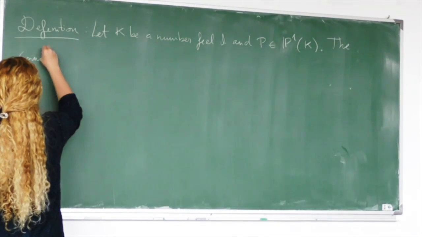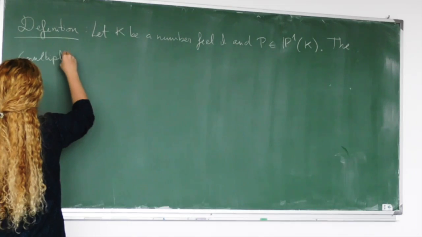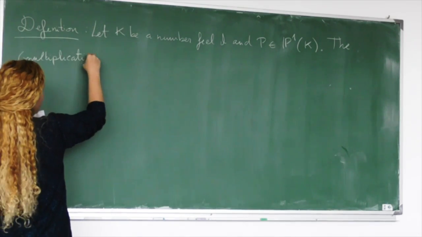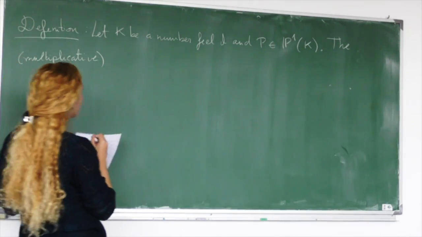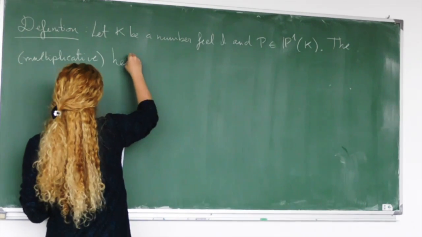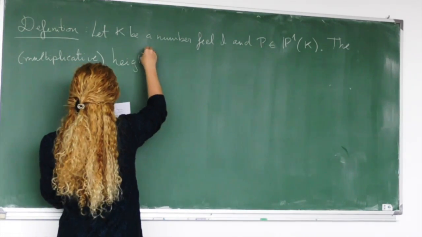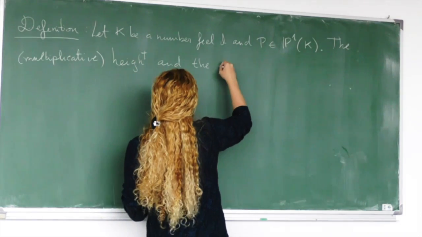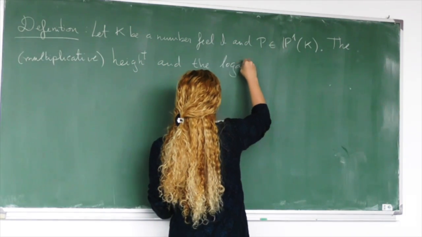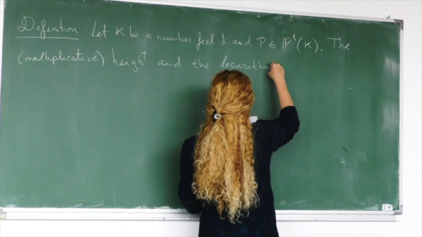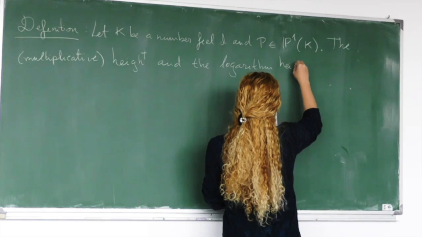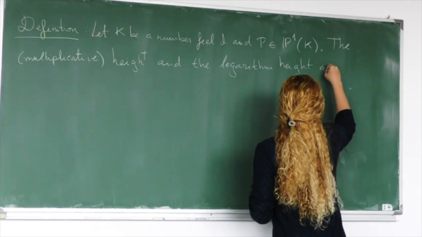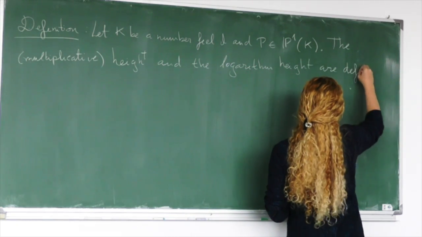The first one is called multiplicative. You will see why. It's natural to call it in this way. So the multiplicative height and the logarithm height are defined as follows.